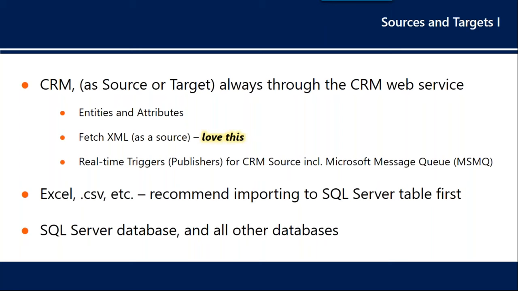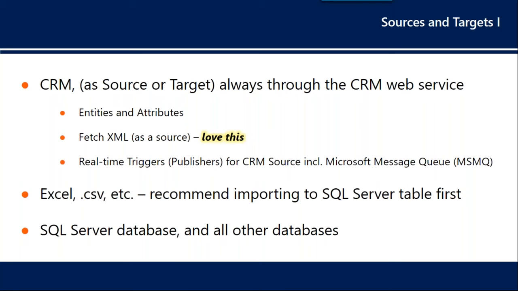It's a little bit slower when you're working with the CRM web service, because hitting a SQL Server database directly is very fast, but when you go through the web service, it's quite a bit slower. So if you're processing 1,000 records per minute with the CRM web service, that's pretty fast for that kind of transaction. Whereas if you're hitting the database directly, you can be doing many, many more records per second.